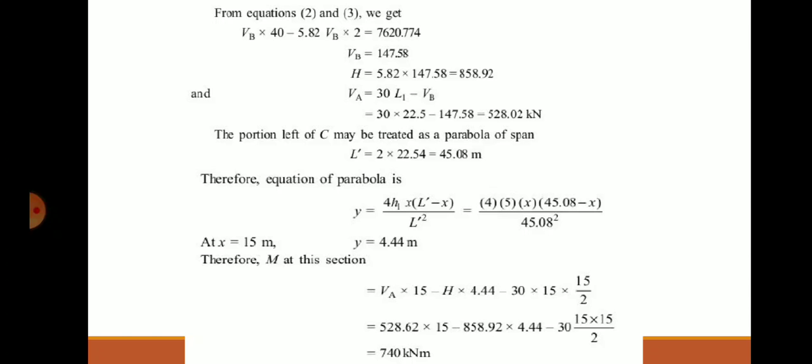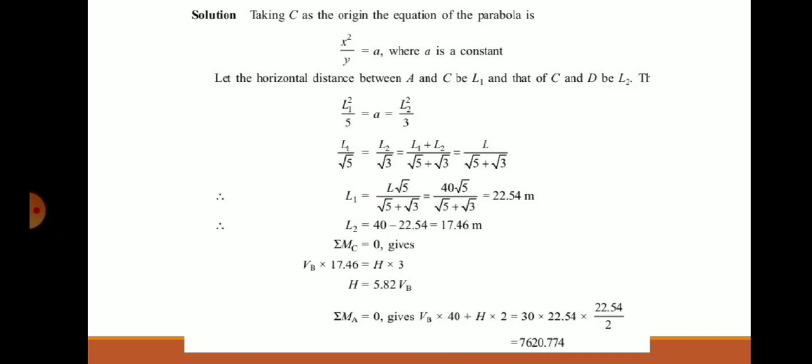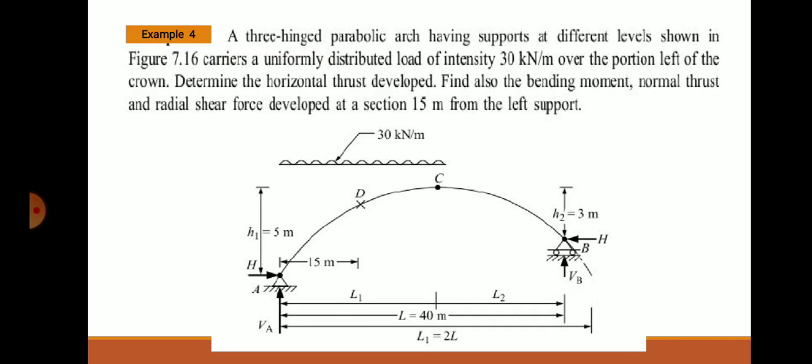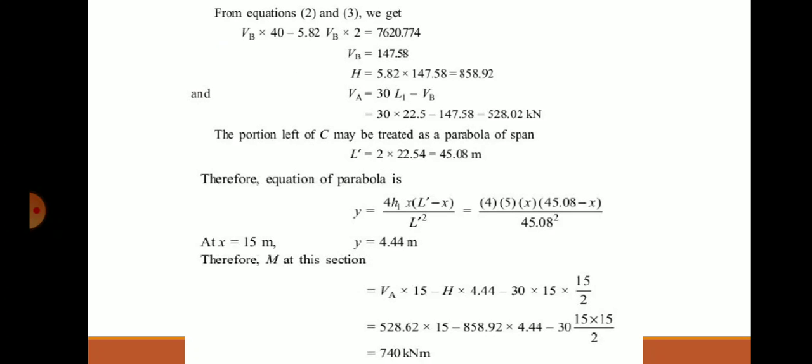So, the 15 meter falls in the left half portion of the arch. This is treated as a parabolic arch. You can neglect that side, and this part is treated as a parabolic arch.